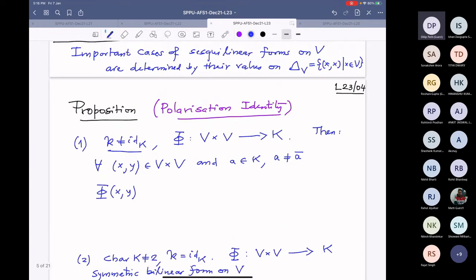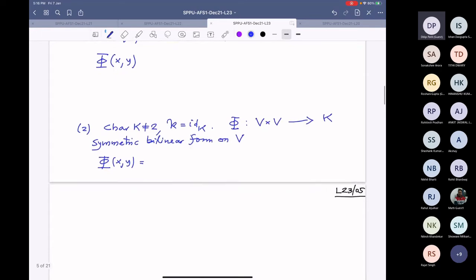That is what I said: important cases of sesquilinear forms are determined by only the diagonal values. That will make life more comfortable. So this is the second case we'll write first, and then we'll go to the little more complicated case, but it has a similar proof.